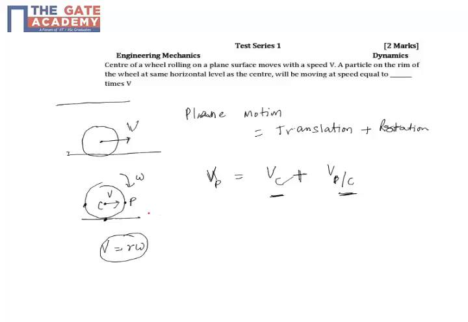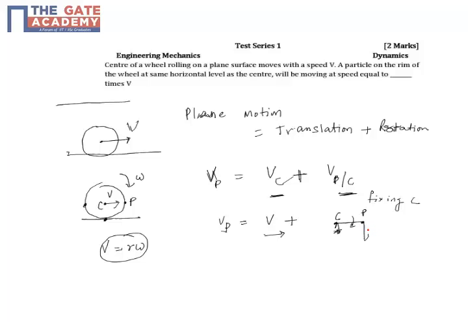Now the velocity of this point p can be written as the velocity of c, which is v, plus v_pc. This v is towards the right. Now v_pc is basically fixing c and rotating the entire thing about c. When you fix c, it's only the rotation part, and this is omega.